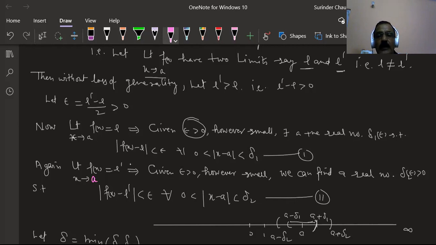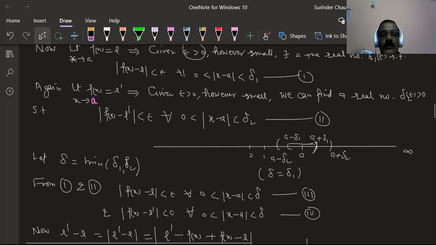Given the same epsilon, there is a positive real number delta 2 depending on epsilon, such that modulus of f(x) minus L dash is less than epsilon for all 0 less than modulus of x minus a less than delta 2. Now again, the first inequality: modulus of f(x) minus L is less than epsilon.